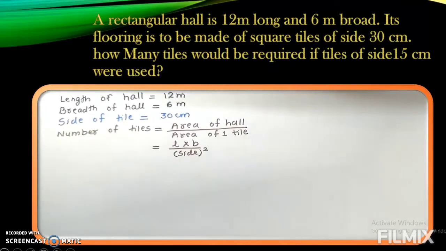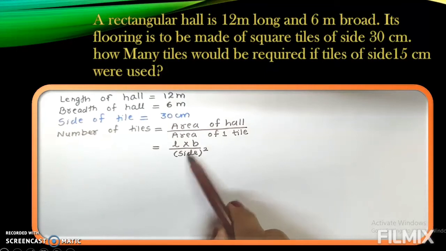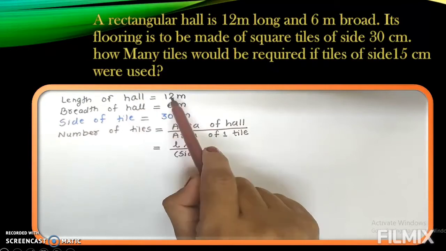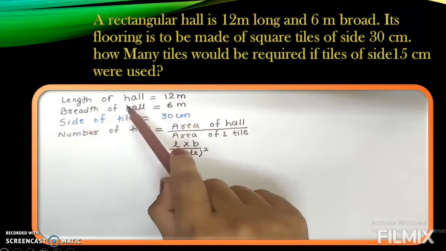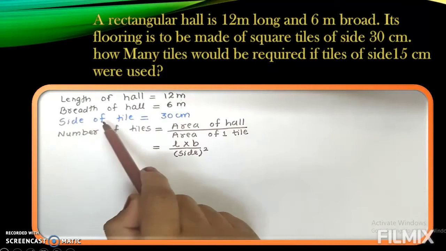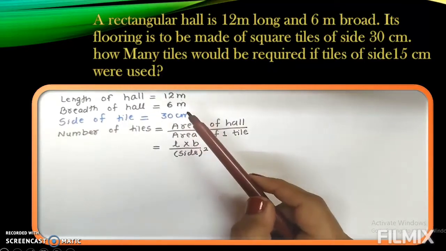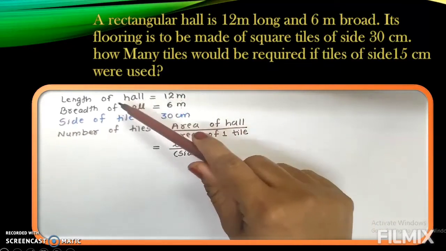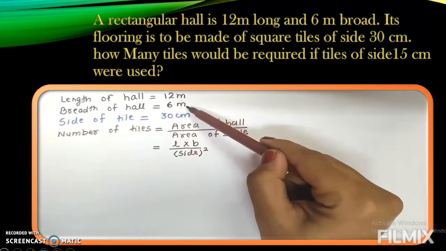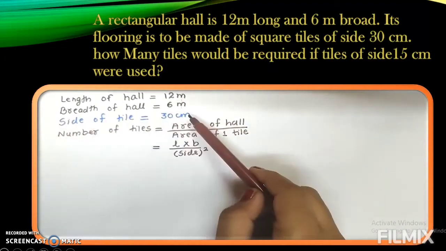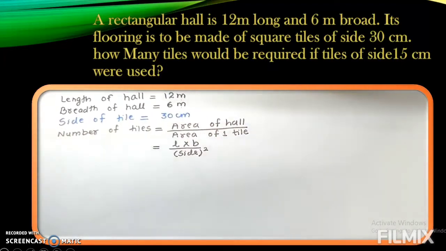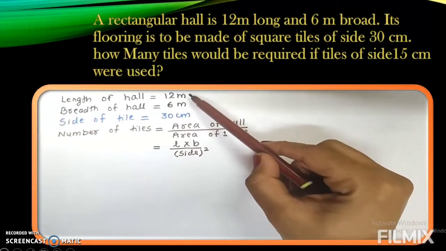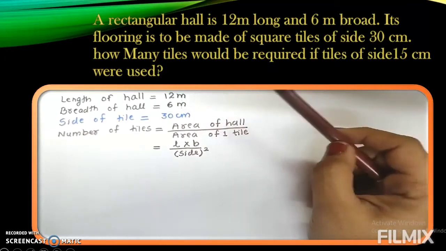But before substituting the values of length, breadth and side, we will have a look at the values. Length of hall is 12 meter, breadth of hall is 6 meters and side of tile is 30 centimeter. If we pay attention properly, the values of length and breadth are given in meters, whereas side of tile is given in centimeter. So before proceeding ahead, what we have to do? We have to see that the units of all the things should be same.